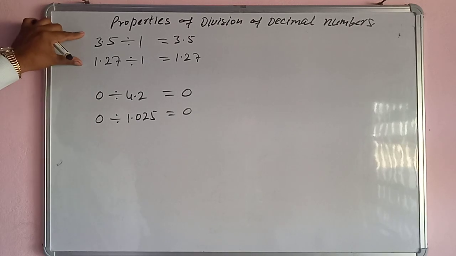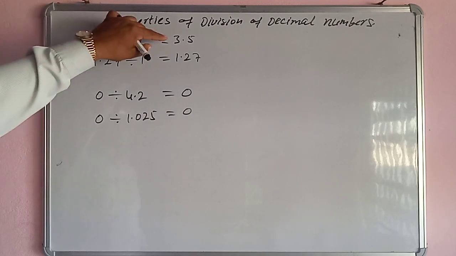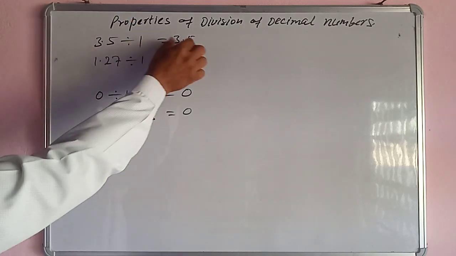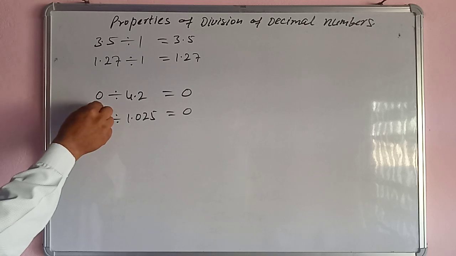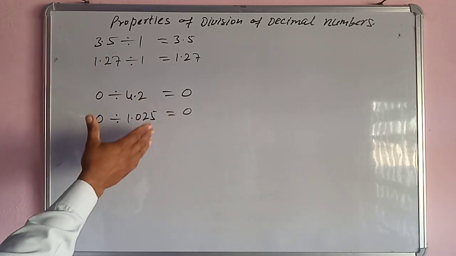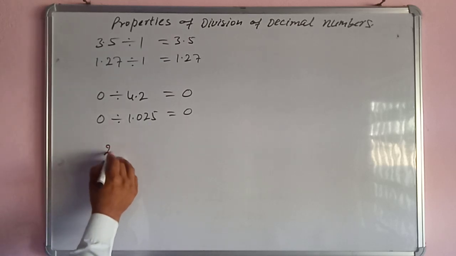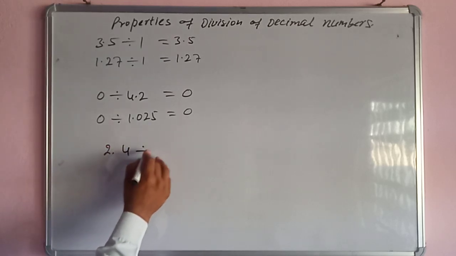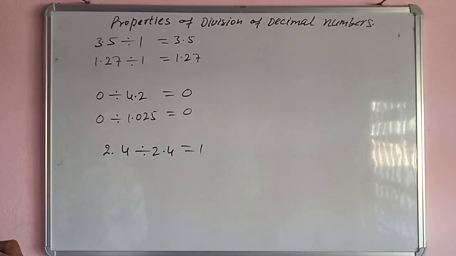In the first property, if we divide any decimal number by 1, the answer is always the number itself. And in the second property, if we divide 0 by any decimal number, or any number, the answer is always 0. And the third property: if we divide 2.4 by 2.4, then what is the quotient? That is 1.